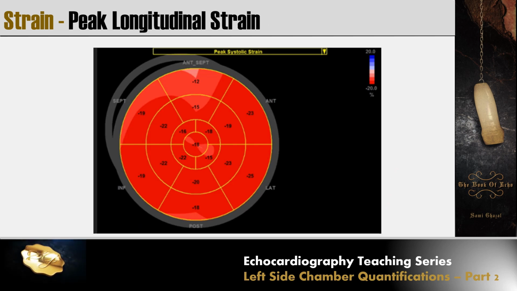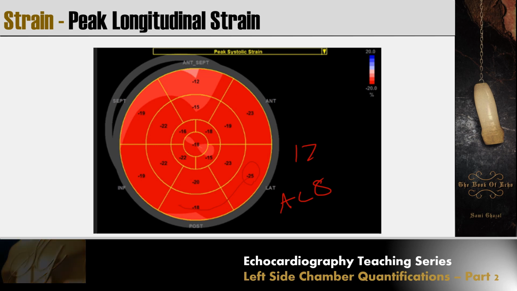One of the ways to present strain results is using the bullseye model. In this model, you have the 17 segment model here, and you have the peak systolic strain of each segment. And as you can see, because this is normal, you have it negative. Okay, so then the software will average the longitudinal systolic strain from all 17 segments, and the result will be called average peak systolic longitudinal strain.